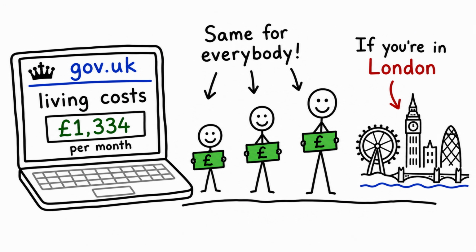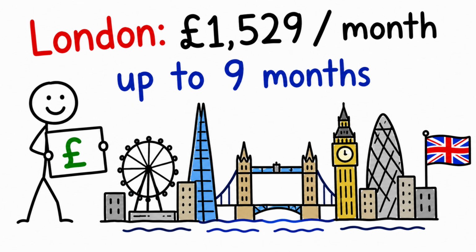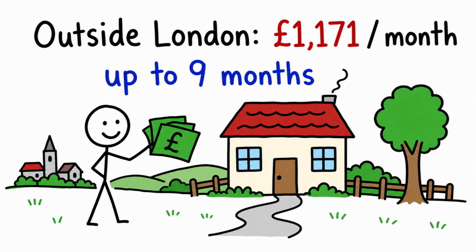The second is your living costs, and these are set by gov.uk. So they are the same for everybody. If you're in London or studying in London, you need to show £1,529 a month for up to 9 months. If you're studying anywhere else outside London, it's £1,171 a month, again for up to 9 months.